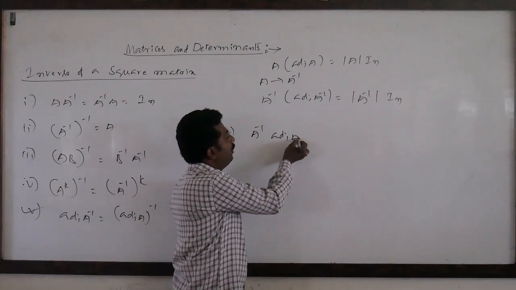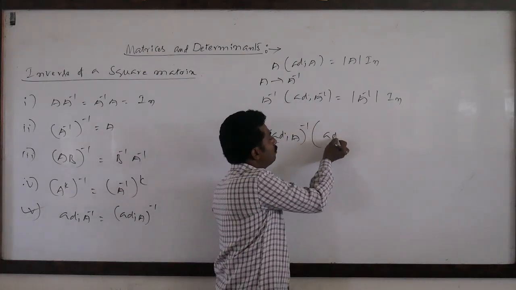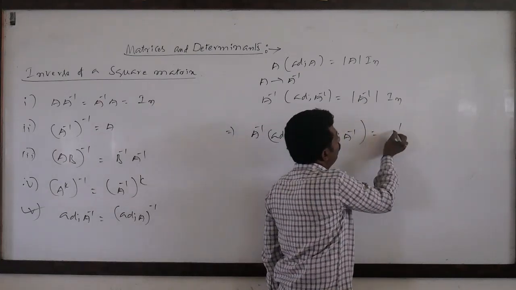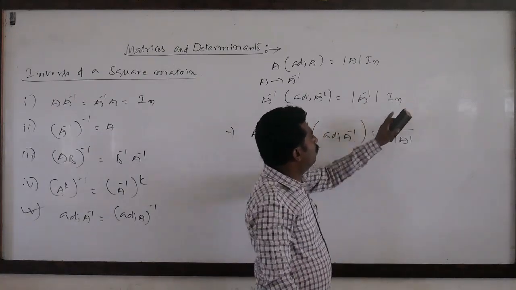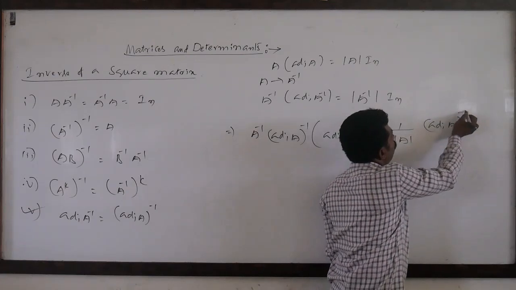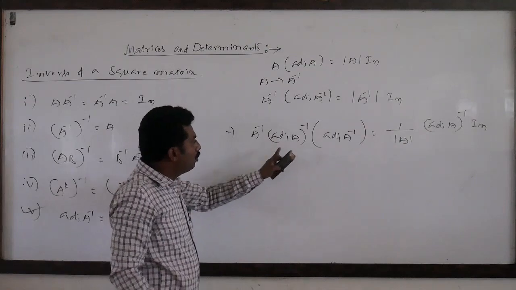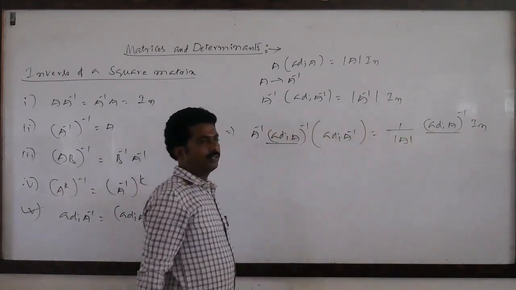See, adjoint of A whole inverse is here already, so adjoint of A inverse, determinant of A inverse means 1 by determinant of A. So here what we are operating: adjoint of A whole inverse into identity matrix. See here, both sides just multiplying with adjoint of A whole inverse.